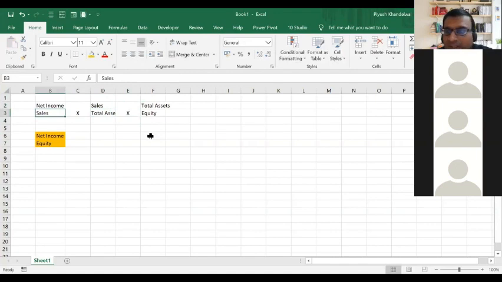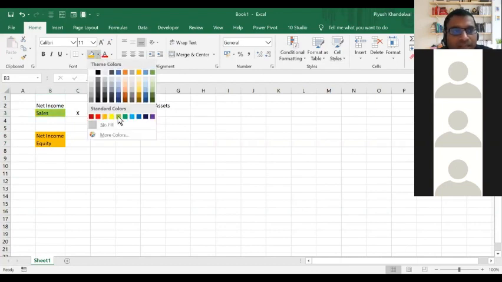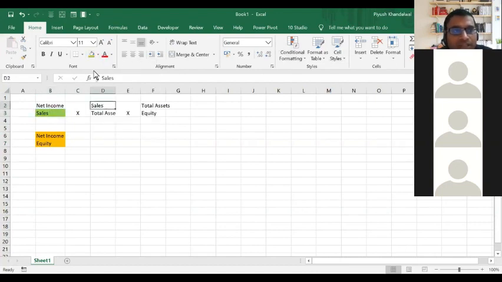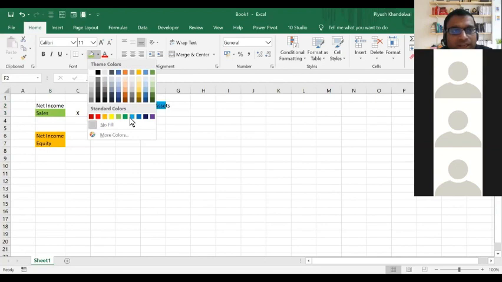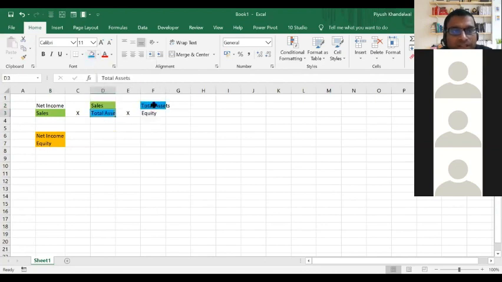How will it happen? We will not go to numbers again. Conceptually, if you multiply one such equation, what will happen? Sales will get knocked off with sales, right? Total assets will get knocked off with total assets. What will be left is your net income by equity.